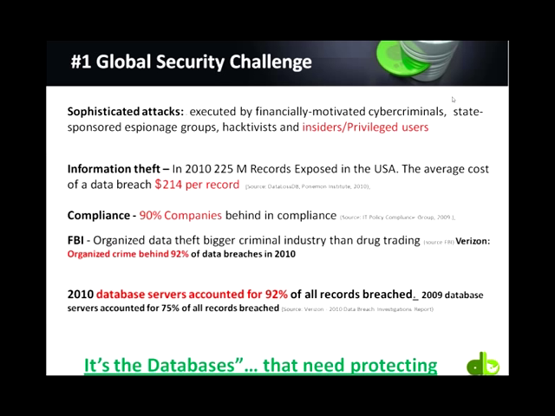Information security is a major challenge, and this slide shows you just how big an issue information theft is. It got to the point where information theft is a much greater crime than drugs, and even the FBI has stated that everything to do with data theft and identity theft is bigger than drugs.